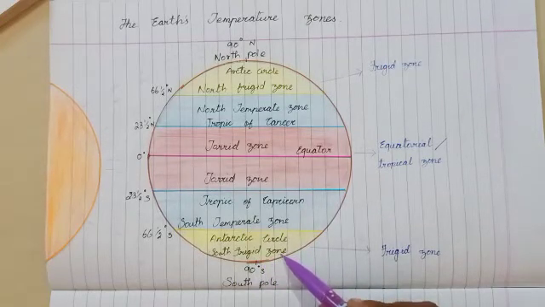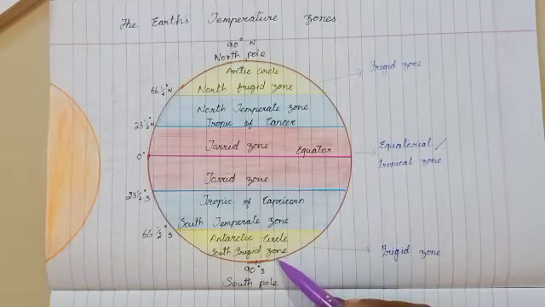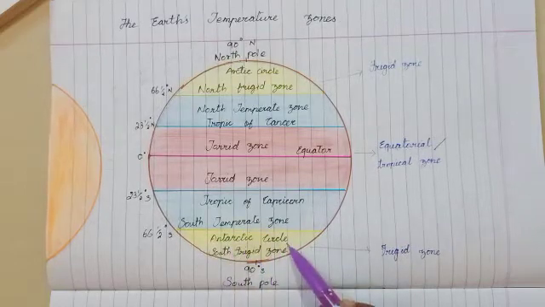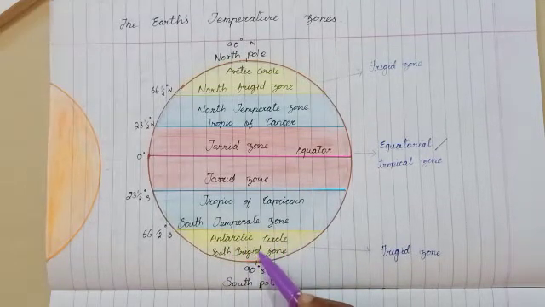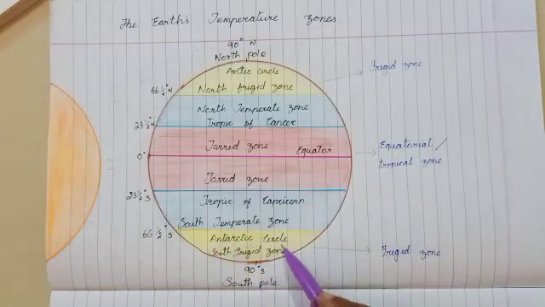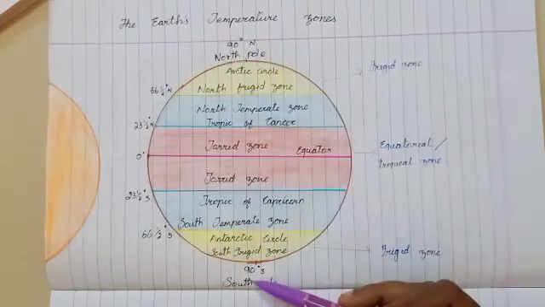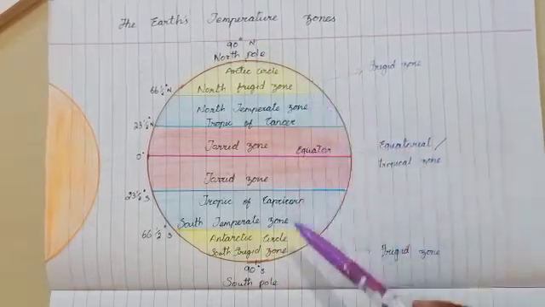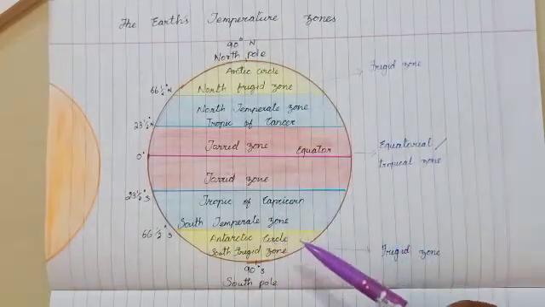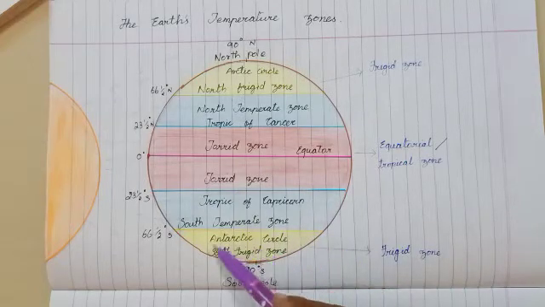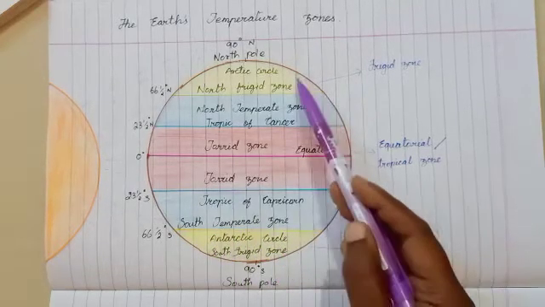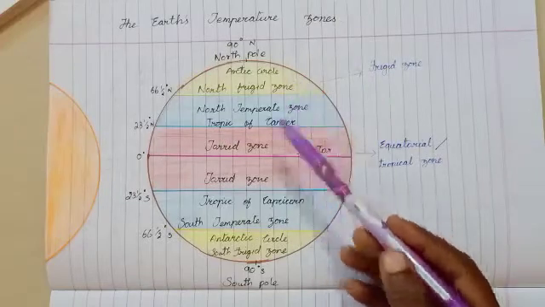Without explaining, we know very well that these zones will have a very cold climate. Always it will be covered with snow and ice, right? When you go to the poles, the climate will be extremely cold, and most of the areas will be covered with ice and a thick carpet of snow.